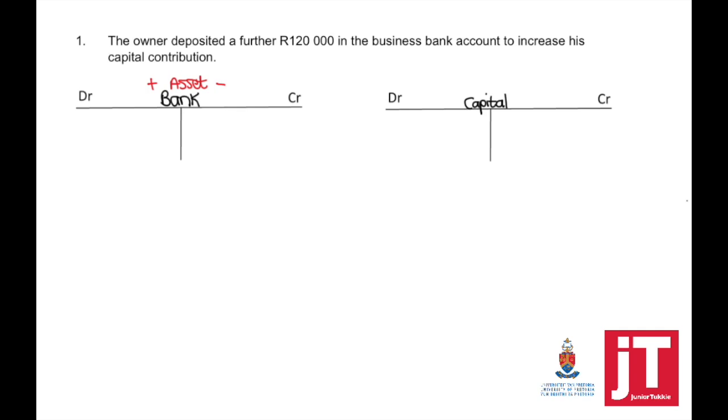Bank is regarded as an asset which will increase on the debit side and decrease on the credit side. Remember to use the debit-credit clicks if you are not sure where the plus and where the minus is. This is something that you have to study. Capital is regarded as an owner's equity account, which means minus on the debit and plus on the credit side. If the business receives money, bank will always be debited, account credited, capital.